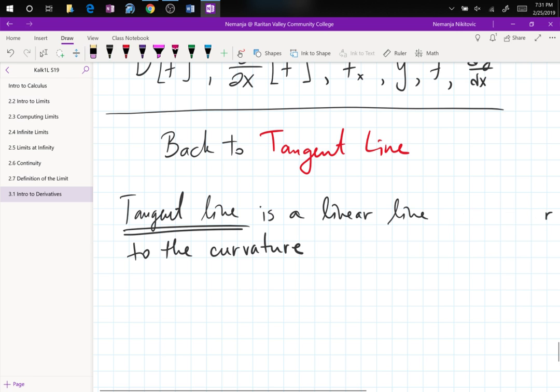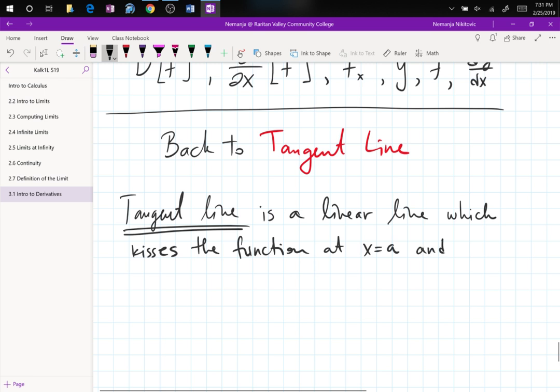Now I'll have to rephrase this. Sorry, back. Tangent line is a linear line which kisses the function at x equal a and is perpendicular to the curvature.